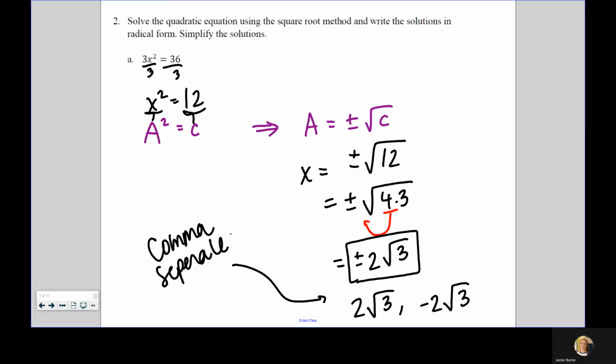I think I spelled separated wrong, but it'll be okay. Yeah, that's supposed to be an A here. My bad. All right, so let's look at another example with the square root method.